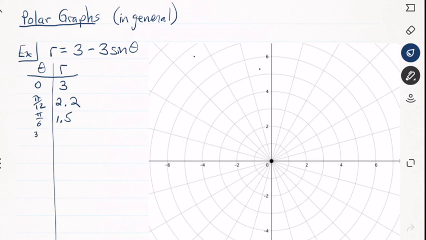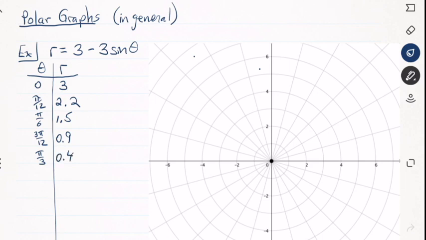And then 3 pi over 12 is approximately 0.9. 4 pi over 12, also known as pi over 3, that's about 0.4.